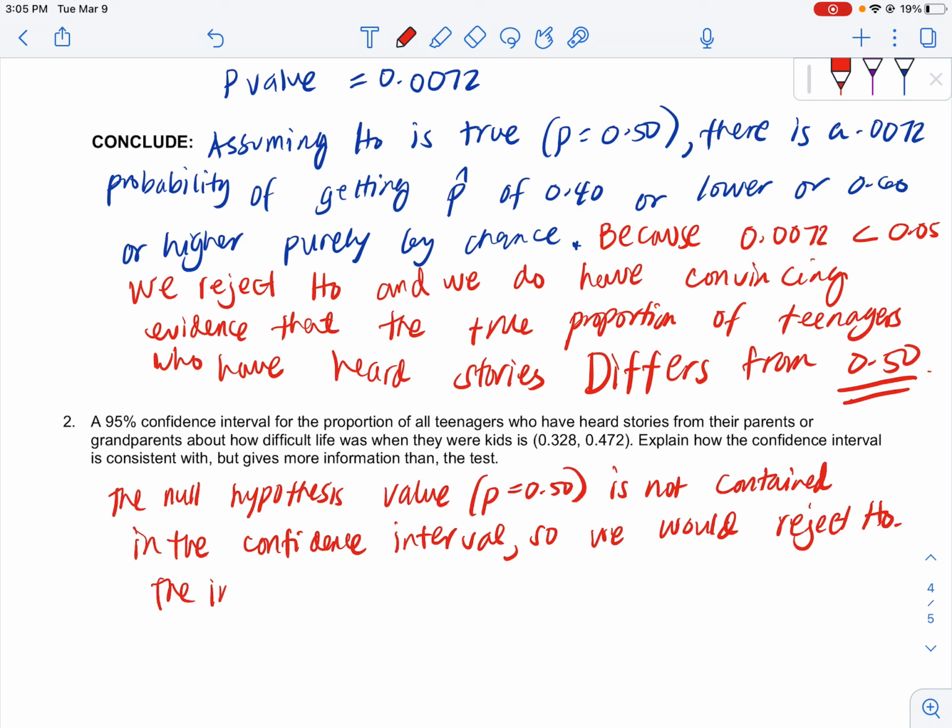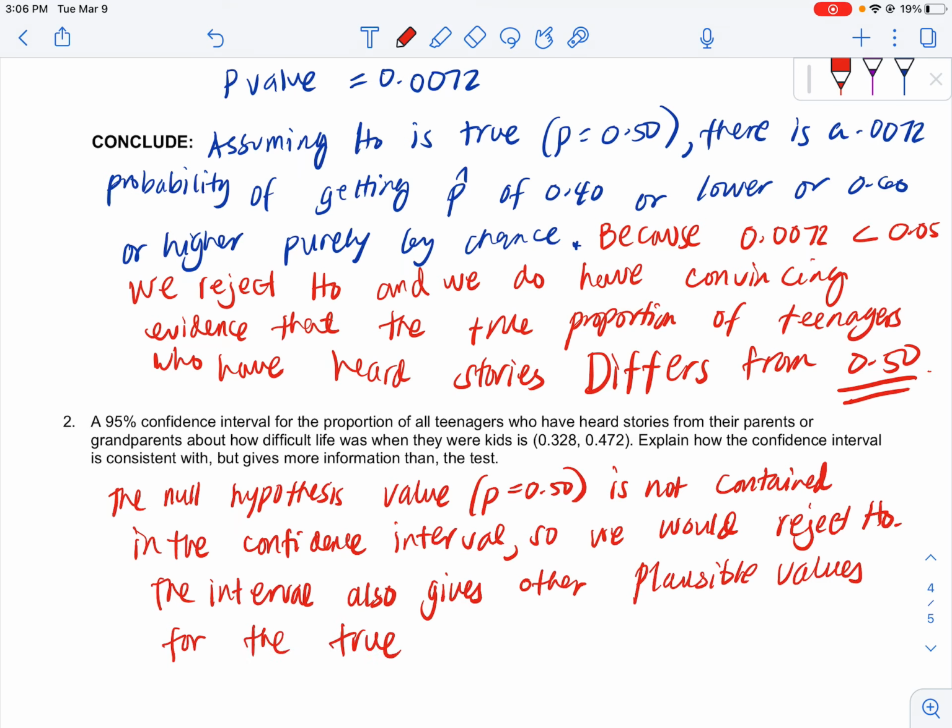The interval also gives other plausible values for the true proportion. Okay. I hope this is making sense.